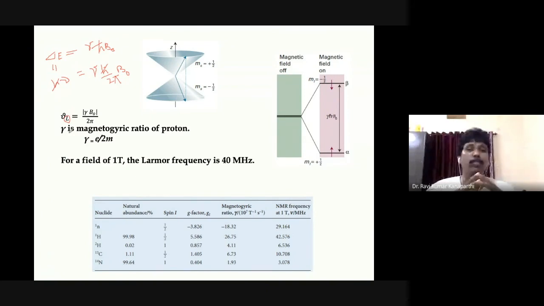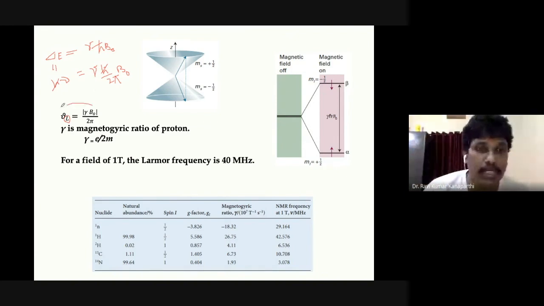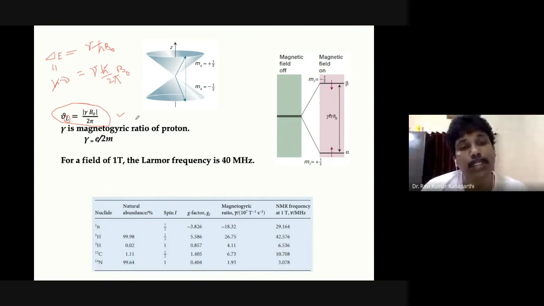NMR spectroscopy is something that probes at what frequency this particular nucleus is basically rotating. By probing these frequencies, we can estimate the characteristics of atomic nuclei present in a given molecule. Before that, the Larmor frequency is given by this equation: nu L is equal to gamma B0 by 2 pi. This is a very, very important expression.